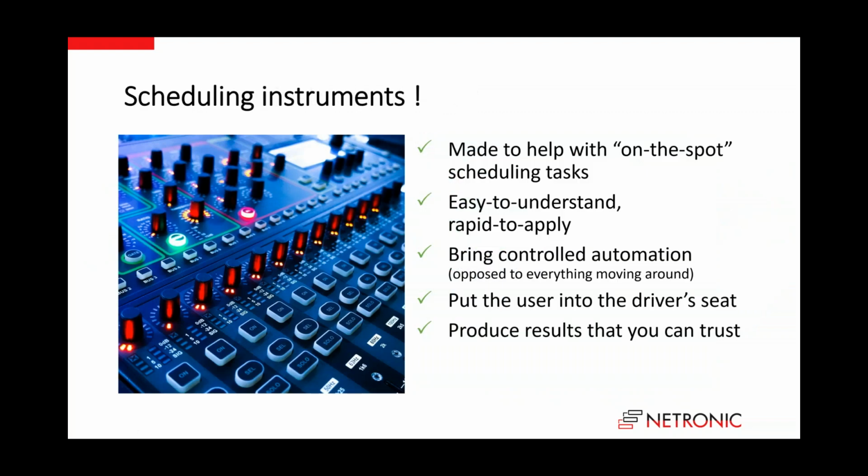These scheduling instruments, and let's be clear on this, we are not saying no to algorithms, but we are saying no to the magic button. So the idea of the scheduling instruments is to help with on-the-spot scheduling tasks. We give you an algorithm that says, I want to push forward this production order.